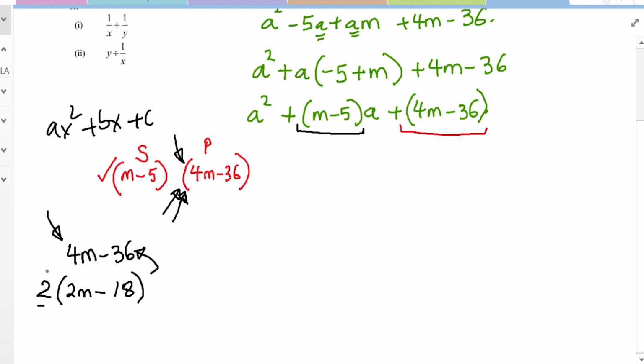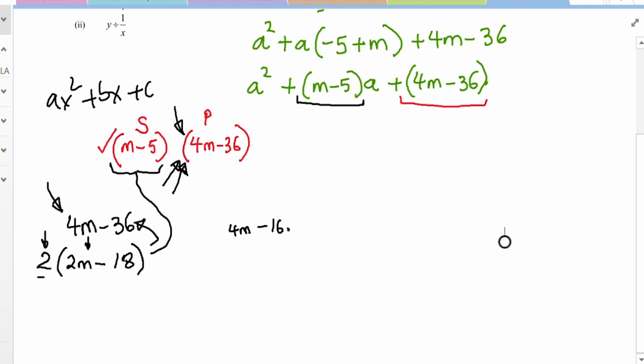But the question is, if I add 2 and 2m minus 18, will it give me m minus 5? Let's try. 2 plus 2m will give me 2m, then 2 minus 18 is minus 16. So that pair won't work.